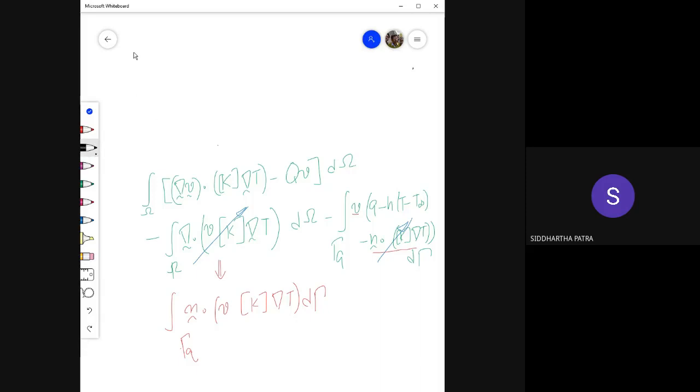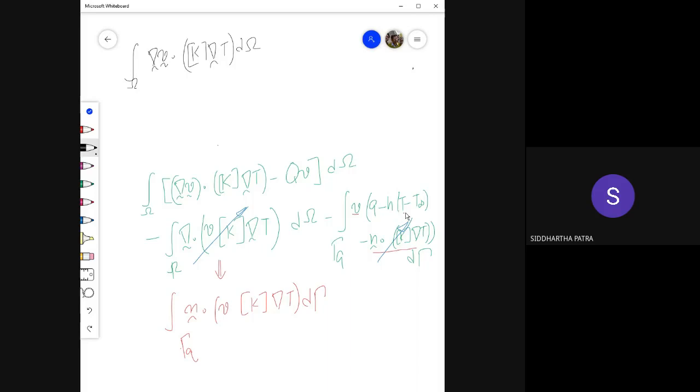So it's going to be the integral of grad v dot k times grad of T d omega.